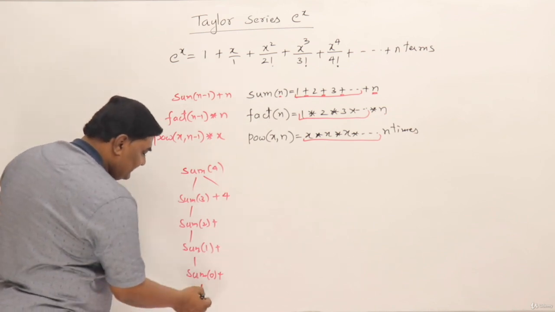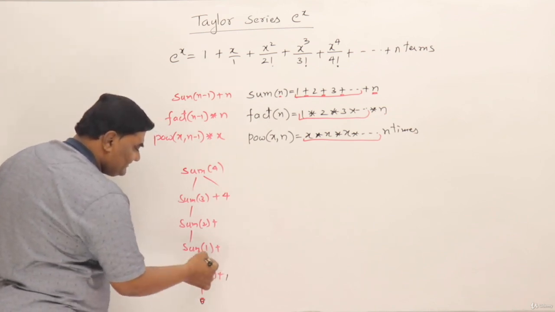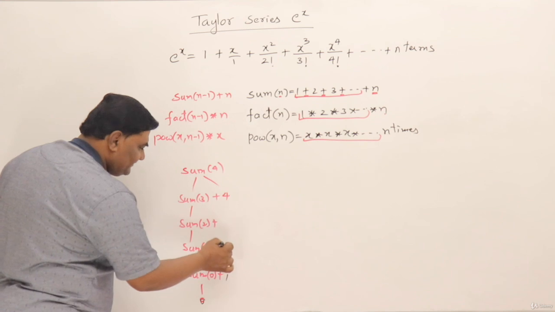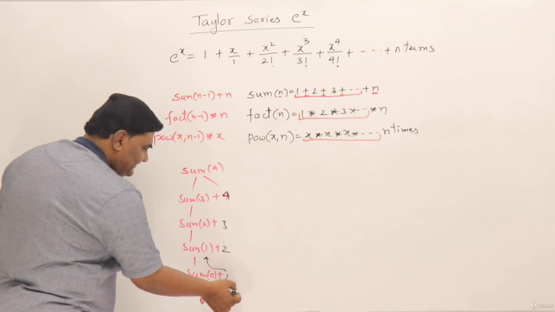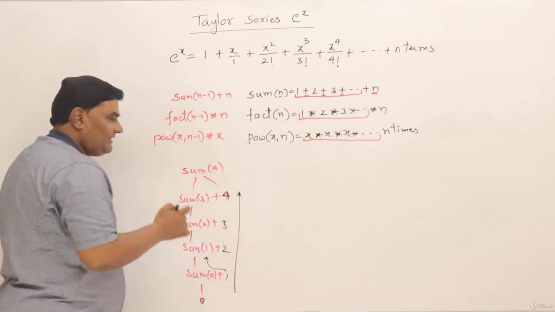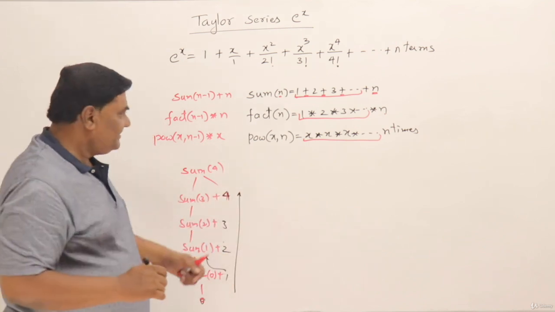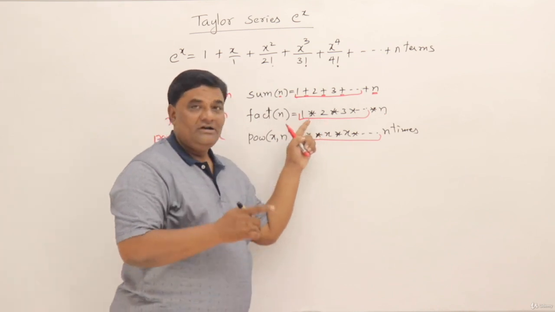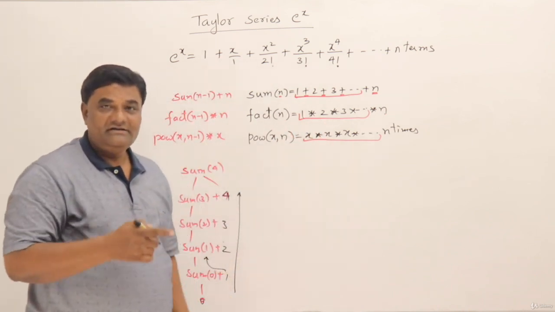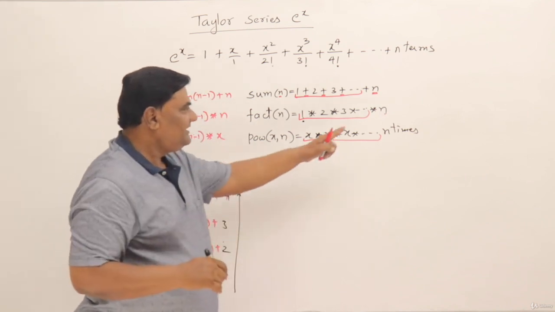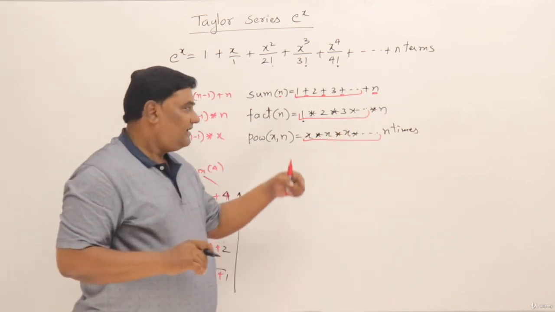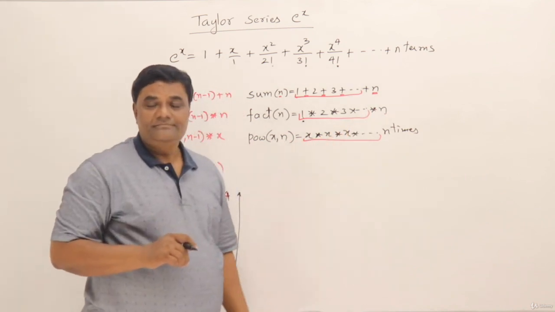So while returning, this is 0, then 1 is added, then 2 is added and the total is 3, then here 3 is added and here 4 is added. So you can see that the addition is done at returning time. Similarly, for finding factorial, the product is done at returning time. The starting point will be 1 and the last value to be multiplied will be n. Similarly in the power also.